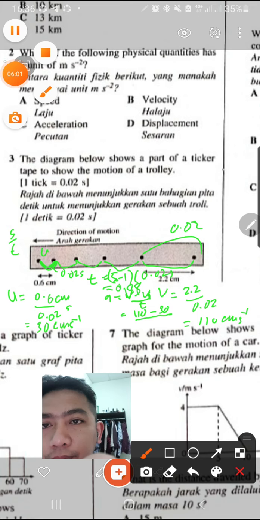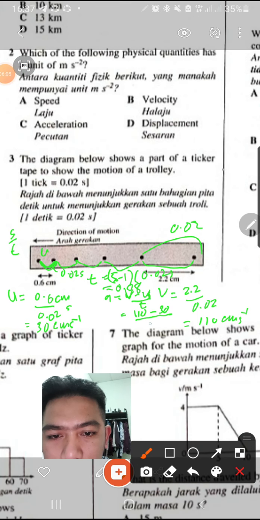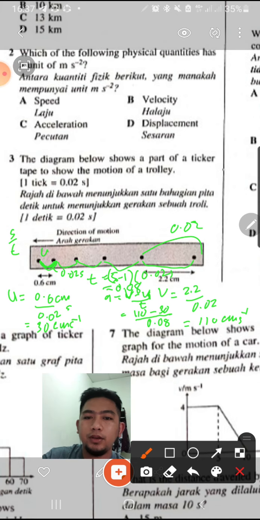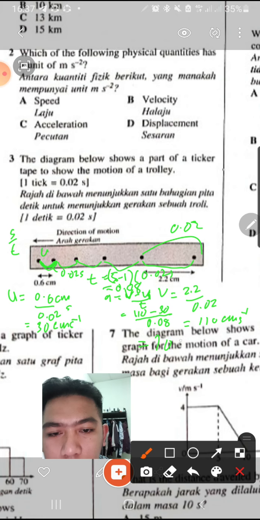Okay, so you insert here 0.08. So you calculate 110 minus 30 divided by 0.08. So you akan dapat 1000 acceleration, kan?